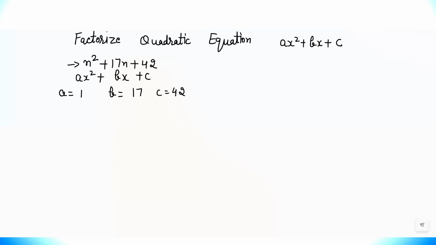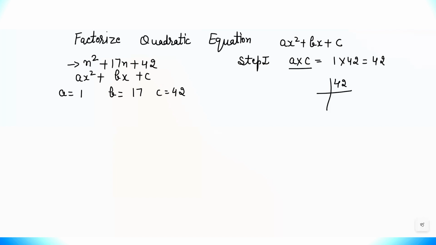So what is the first step? Step 1 is we will multiply a with c. So a is 1 and c is 42, which is equal to 42. Now we will make the factors of 42, that means the factors of ac.